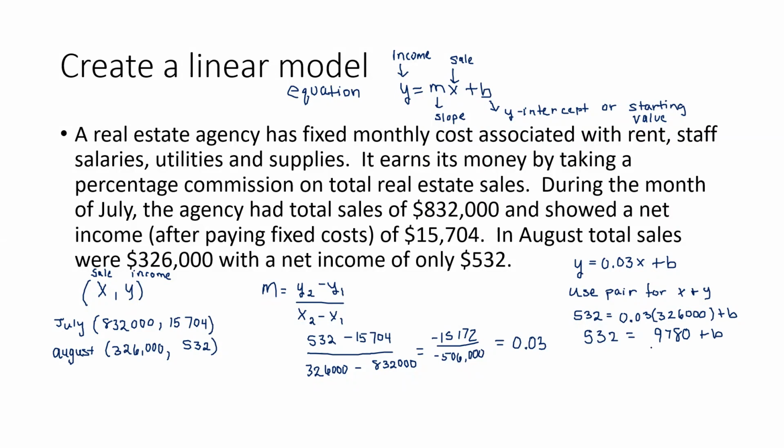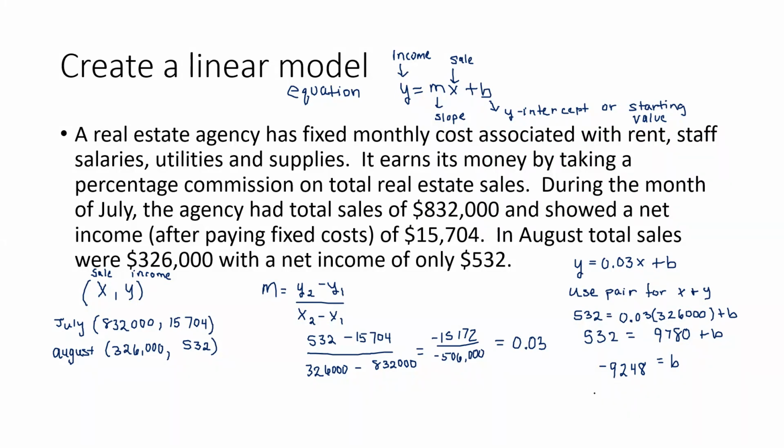And then I subtracted from both sides, and so b was 532 minus 9,780, which gave me a negative 9,248. And this allows me to give my formula.